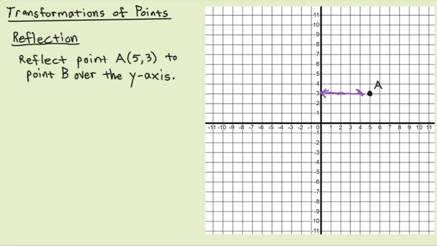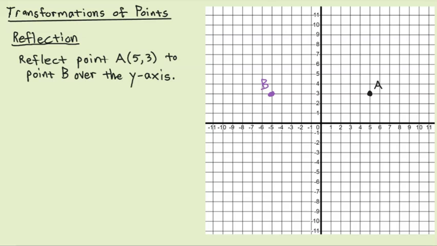So any point over on this side is going to be on the same y level over on the other side here, and it's going to be the same distance from the mirror. And so the distance is 1, 2, 3, 4, 5. So then we're going to come over here and go 1, 2, 3, 4, 5. And this is going to be point B right here. That's our reflection over the y-axis, which is the mirror.